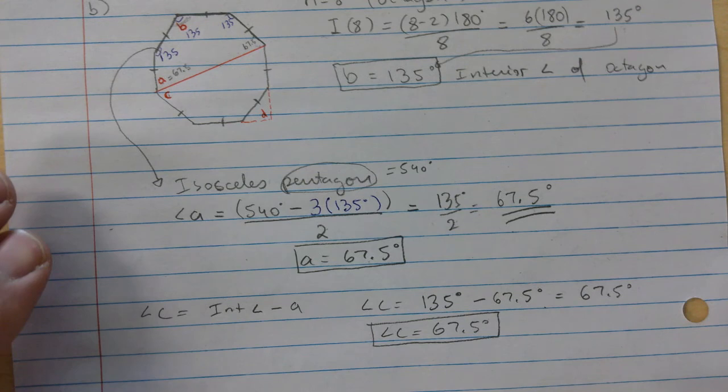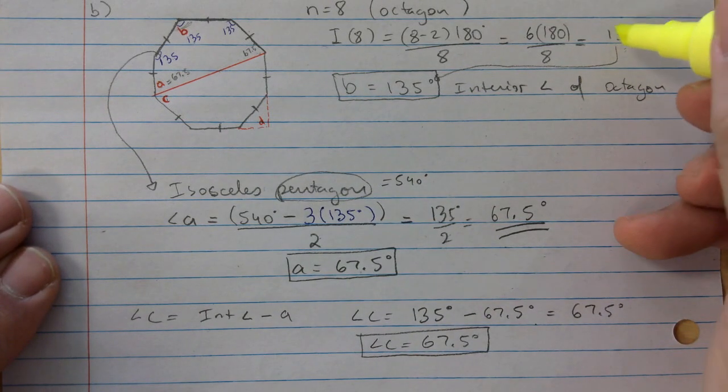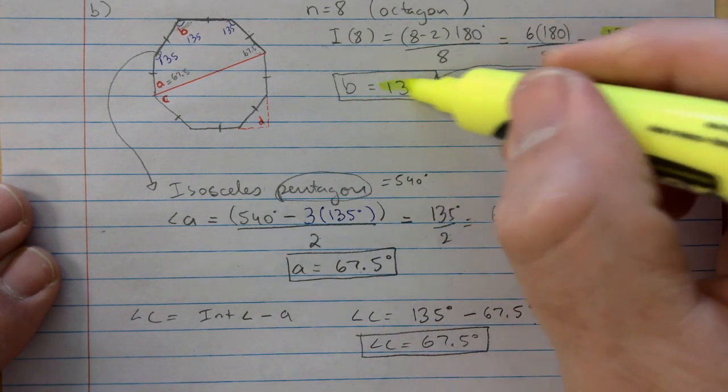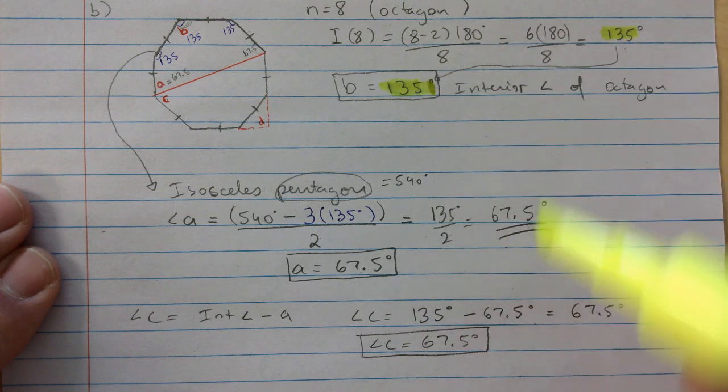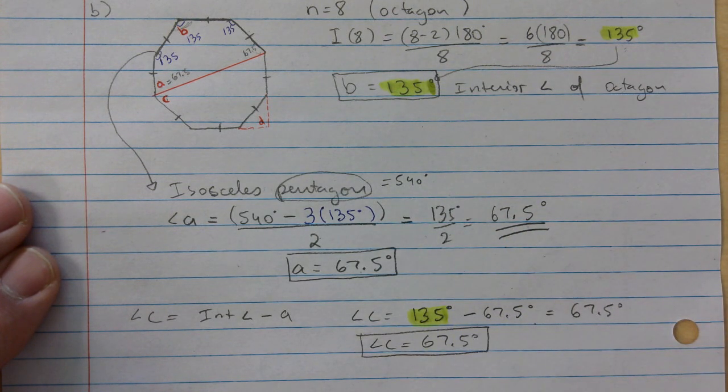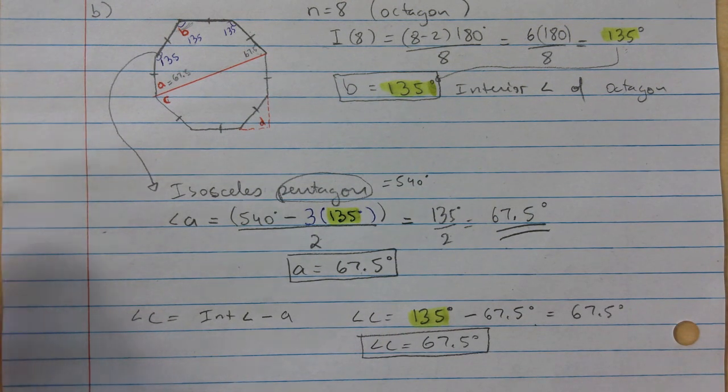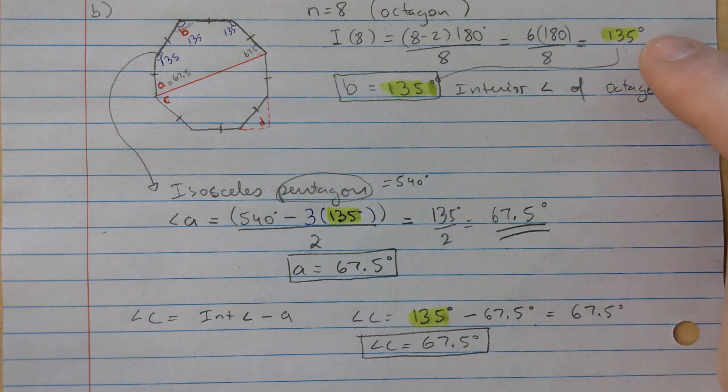And I think what I will just do is highlight the 135, and then back to here, 135, and then back in here. Like how the interior angle is used everywhere. That's why I ask you to find it right away, because it will be important to know. Okay.